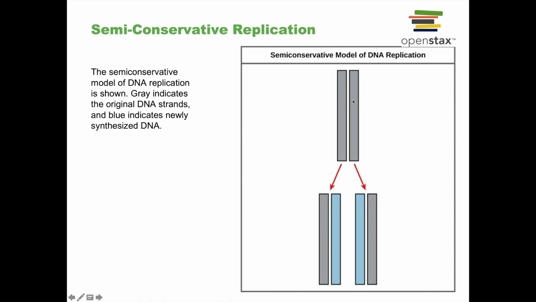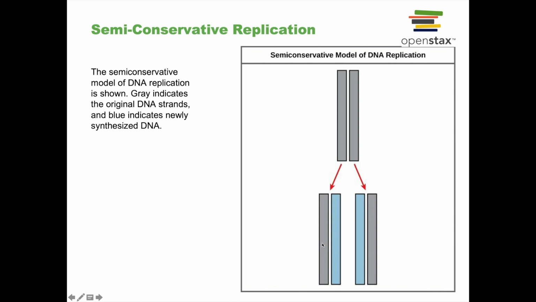So the gray molecules are the two strands of DNA that you start with. But when this DNA undergoes replication, the two new double-stranded molecules that you end up with are composed of one strand from the old DNA and one strand from the new DNA. So that's what it means when we say DNA replication is semi-conservative.